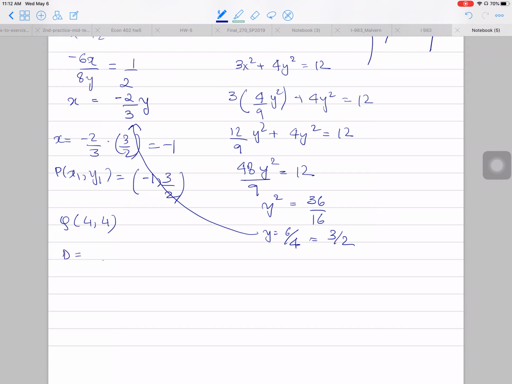So the distance should be the square root of (4 plus 1) squared plus (4 minus 3 by 2) squared.